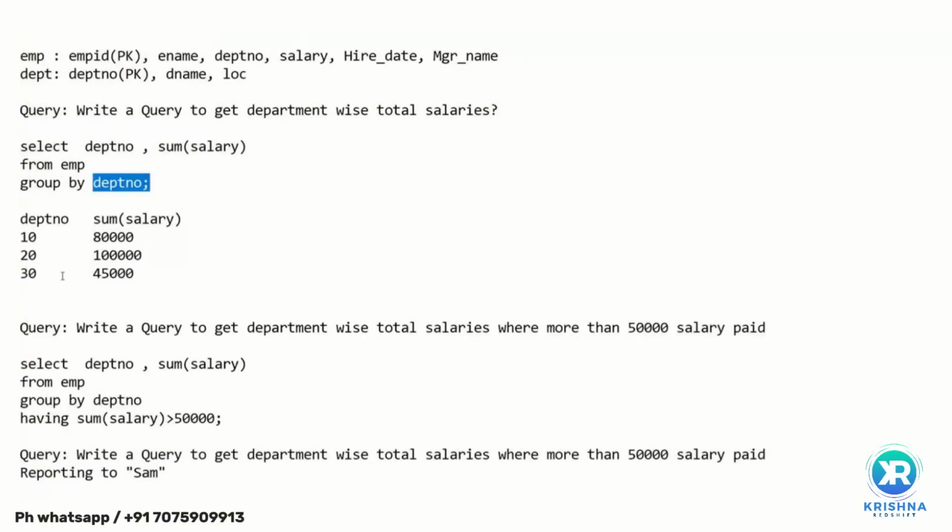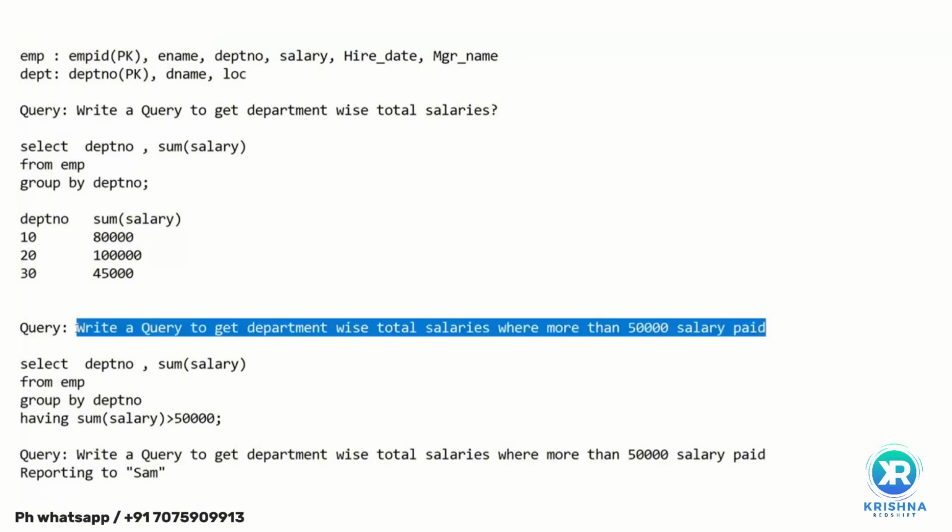Then I gave you one more query here. Write a query to get department wise total salaries, where the whole department is paying more than 50,000 salary.